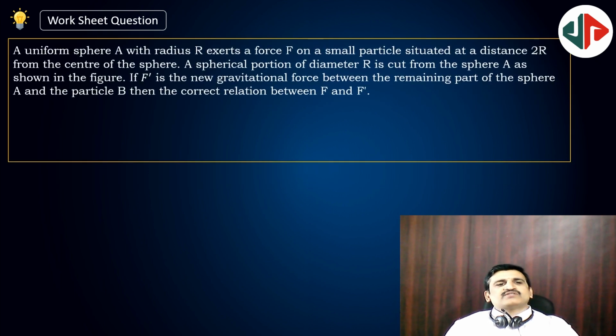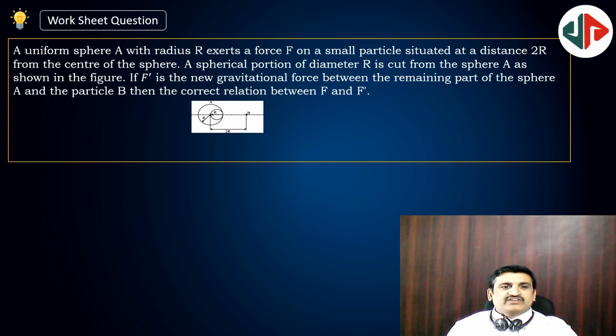A uniform sphere A with radius r exerts a force F on a small particle situated at a distance 2r outside from the center of the sphere. A spherical portion of diameter r is cut from the sphere A as shown in the figure.